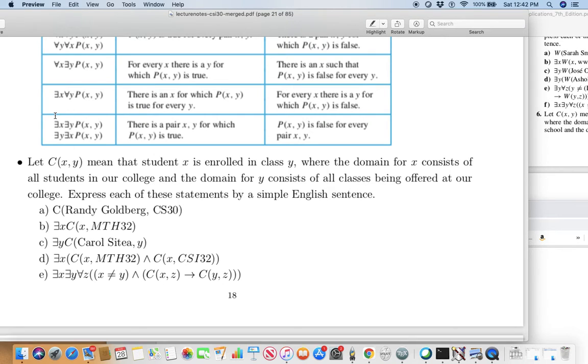There exists x, there exists y, pxy. There is an x for which there is a y where pxy is true. Likewise, there exists a y for which there is an x such that pxy is true. What is the negation of that, or when is this false? Pxy is false for every pair xy.